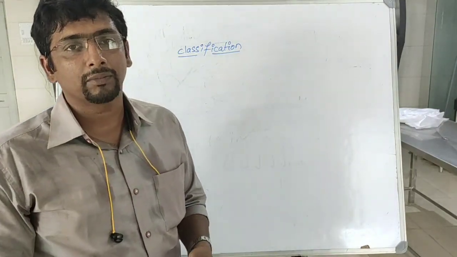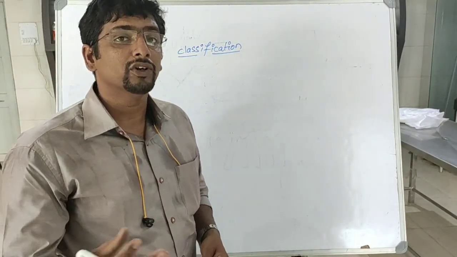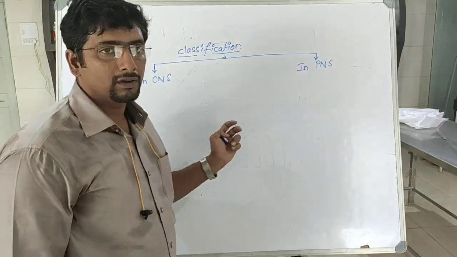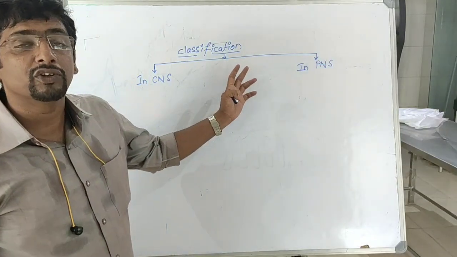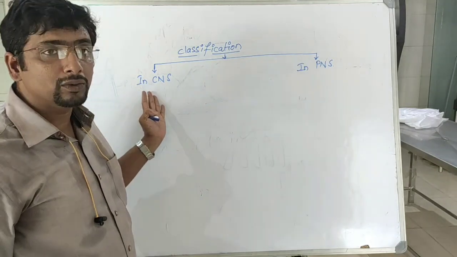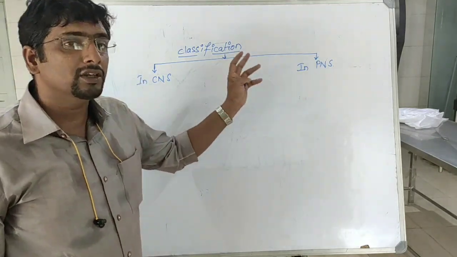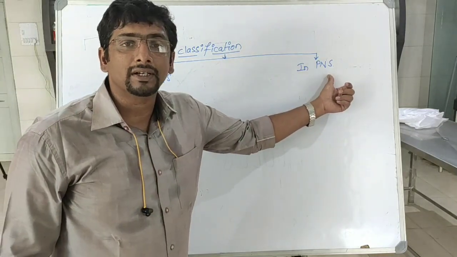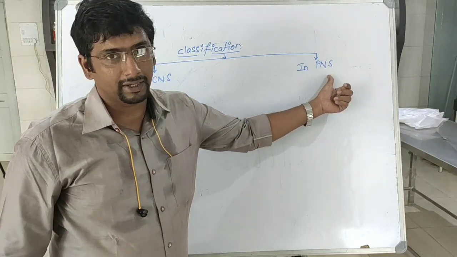Now we will study the classification of neuroglia cells. We divide them into two components: the neuroglia cells present in the CNS and the neuroglia cells present in the peripheral nervous system, PNS.